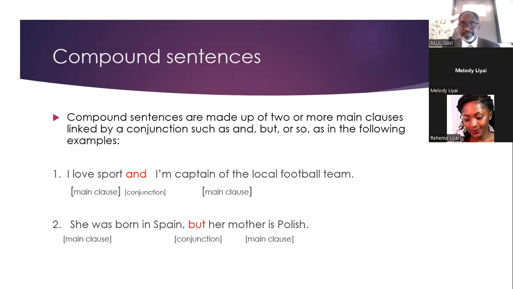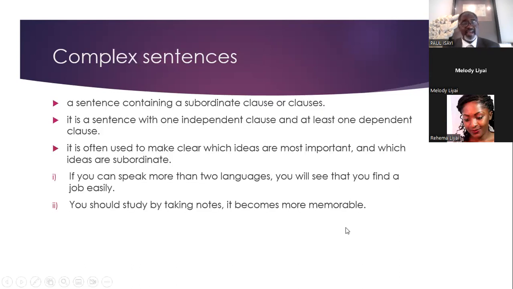And the conjunction is but. Good. The two main clauses are complete sentences by themselves. They are independent clauses. They can stand and make meaning by themselves without the other.